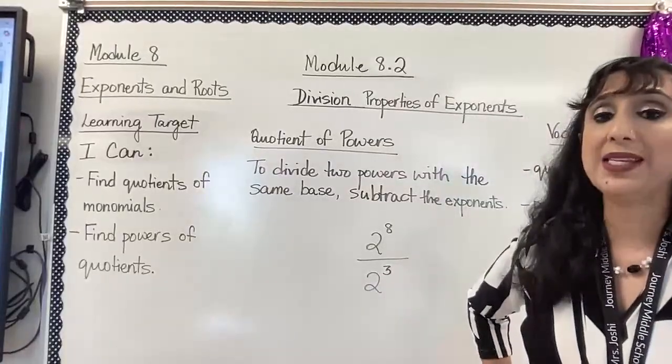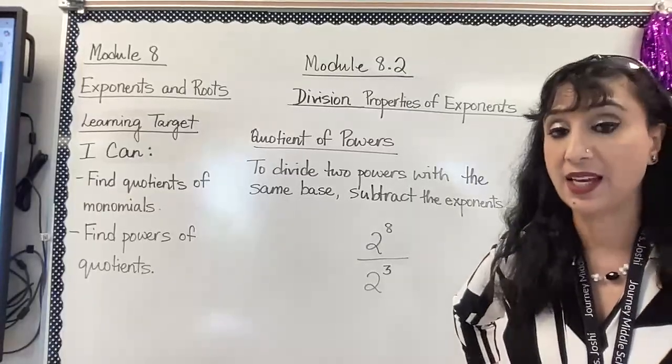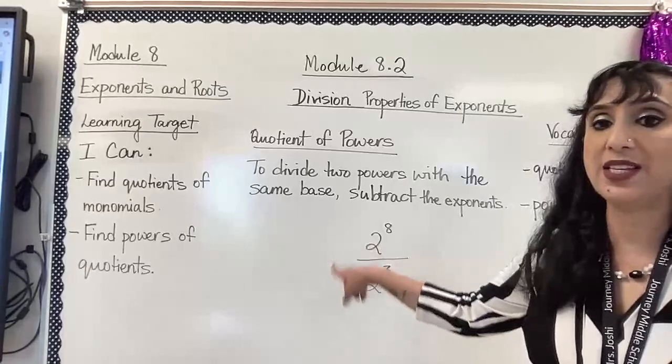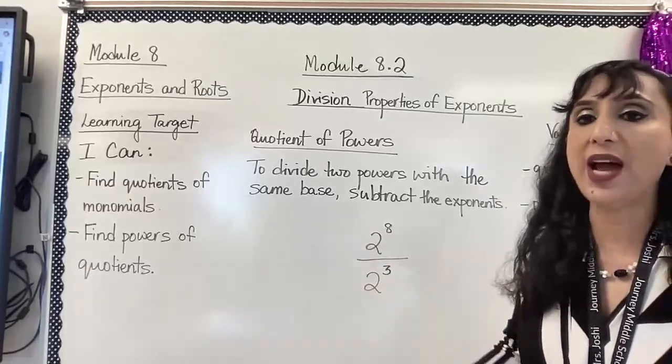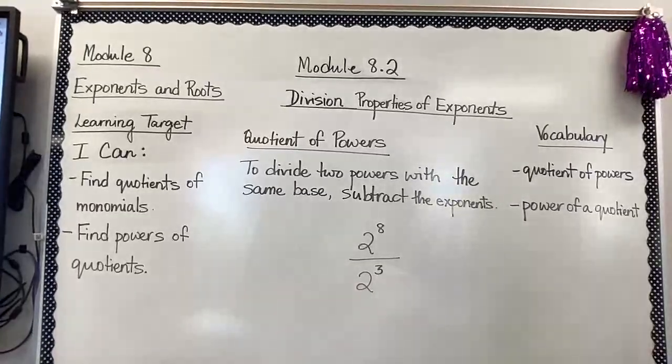And then basically to divide two powers with the same base, and we know that in this case the base is 2, you just subtract the exponents. And for any non-zero number a and any integers m and p.